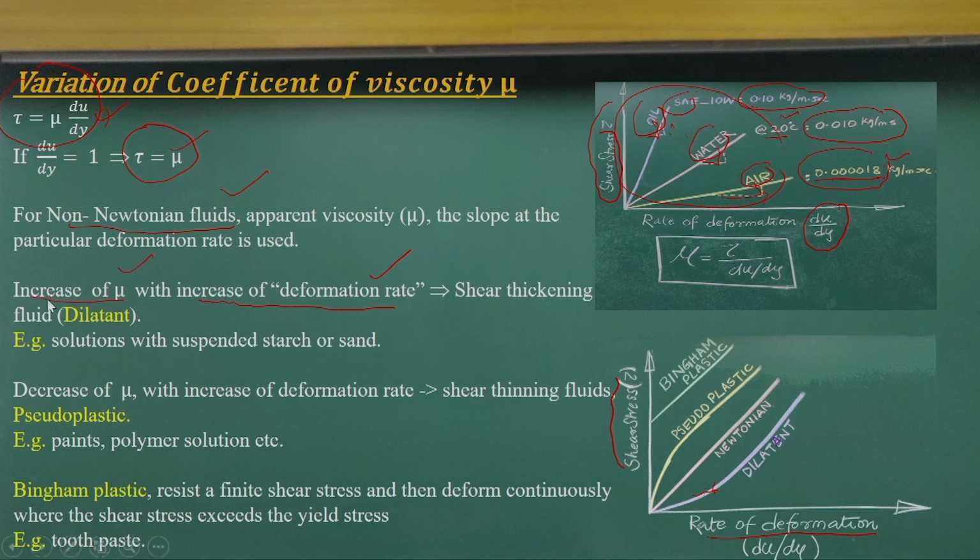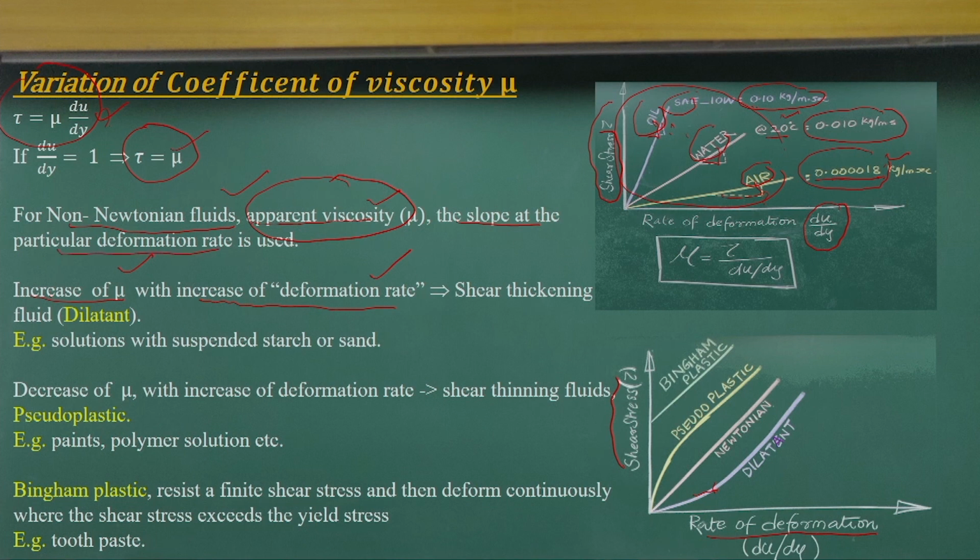That slope we don't call the viscosity here; we call it apparent viscosity. This viscosity depends upon the deformation rate, so it is the slope at the particular deformation rate we consider.